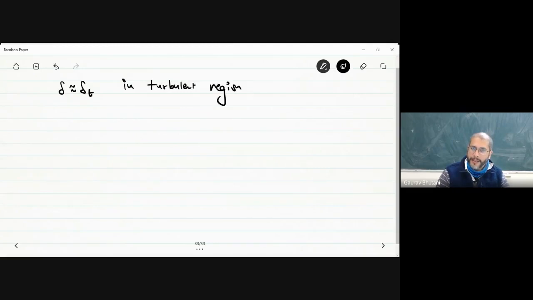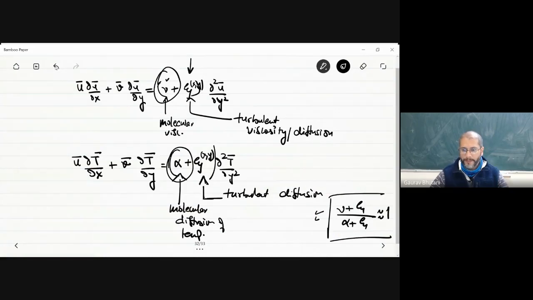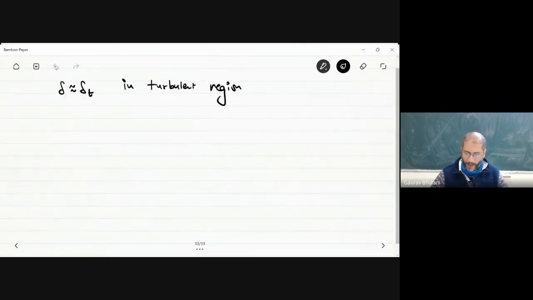And remember, delta T was dependent on the Prandtl number earlier. But now, in this case, the dependence on the Prandtl number is not there, because we have some sort of modified Prandtl number here, which is close to 1. Okay, this term, modified Prandtl number, is not very common. So the dependence of the thermal boundary layer thickness on the Prandtl number is not there in the turbulent region.